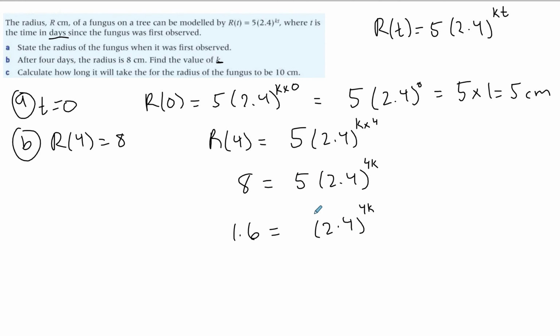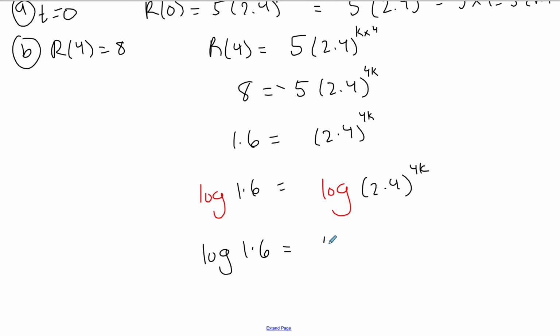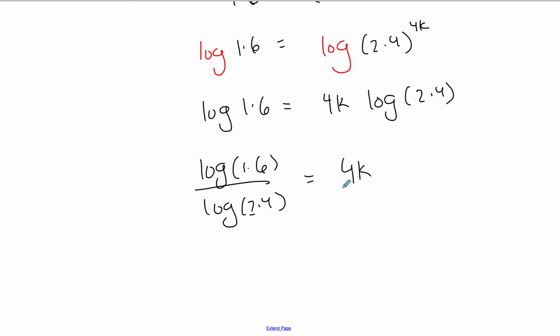So now we can actually apply rules of log, or just apply log to both sides. So I have log of 1.6 and log of this. And again, using rules of log, this becomes a coefficient. So now I got my unknown as a coefficient. And then you make k the subject. So I have log of 1.6 divided by log of 2.4 equals 4k. And then you're multiplying by 4 here, so when you move it there, you're going to divide by 4, which is a multiply by 1 over 4.